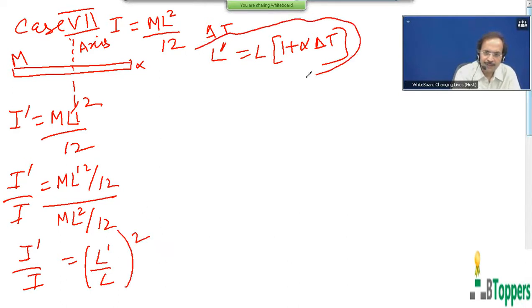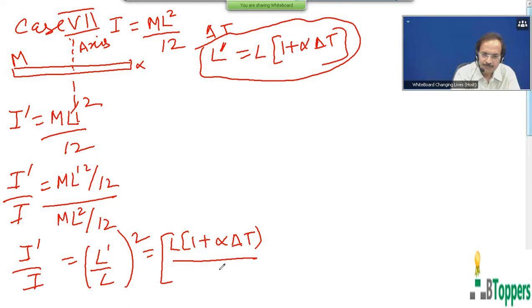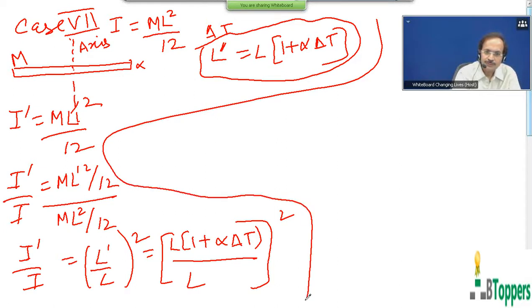Now L dash can be written as L(1 + alpha delta T). So you get I dash by I equal to (1 + alpha delta T) whole square.